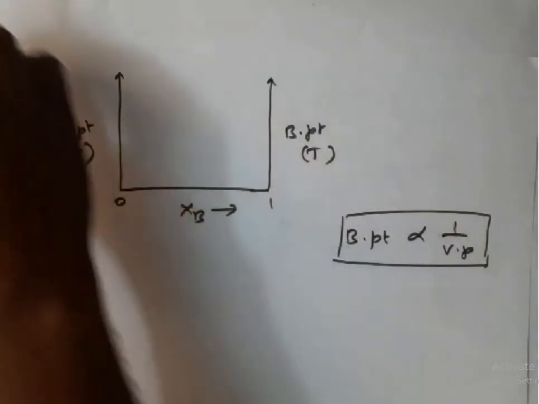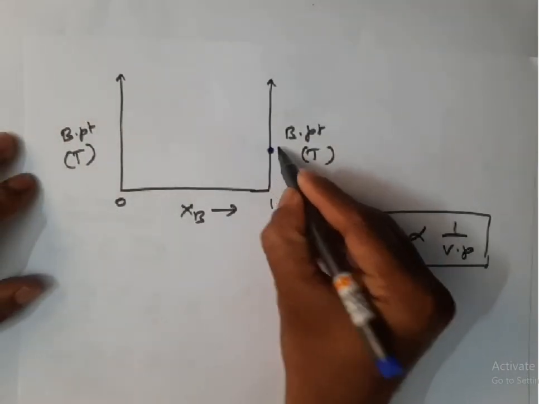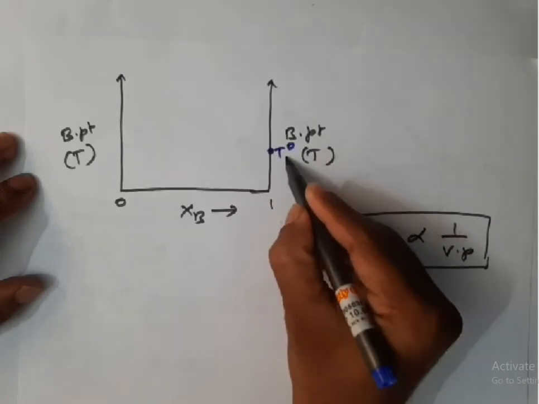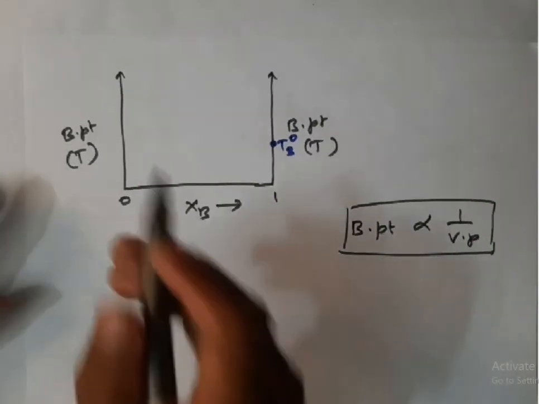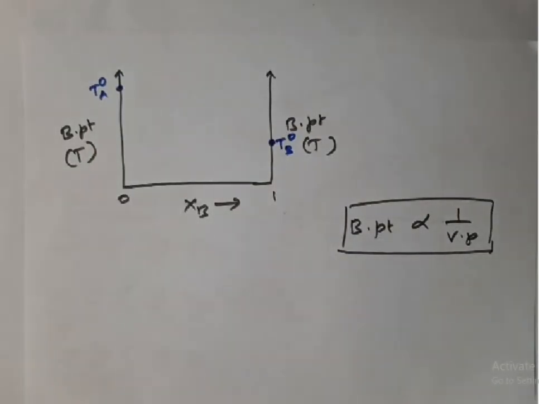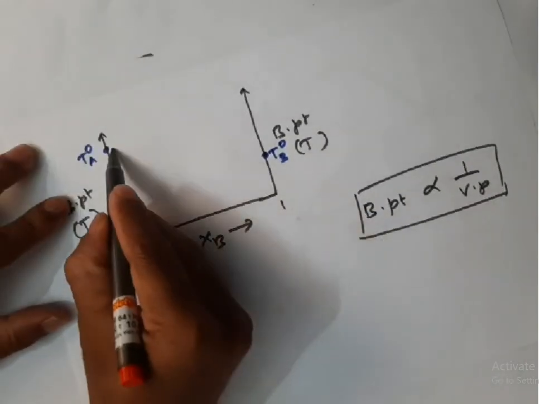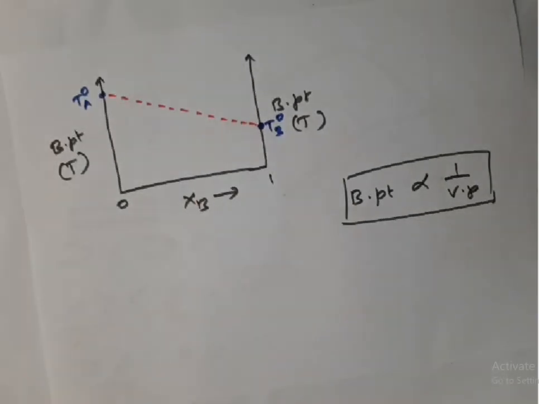Because boiling point is inversely proportional to vapor pressure. Therefore, boiling point of B will come down. So this is boiling point of, okay, T naught B. T naught B means boiling point of pure liquid B, and T naught A is boiling point of pure liquid A. You'll get just opposite to that, and the straight line corresponds to ideal solution.